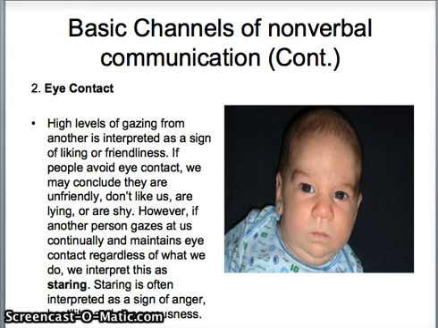Staring, even by young children, little babies, is perceived as very uncomfortable because we often perceive it as a sign of anger, hostility, or dangerousness. So even very small children do not like being stared at and will become uncomfortable, maybe even cry. Don't make babies cry, though.